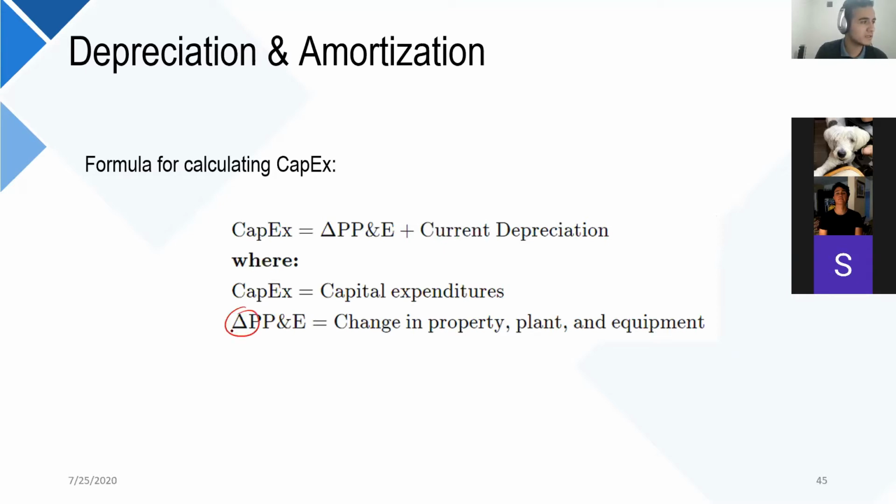The formula for calculating capex is just the property, plant, and equipment change. Remember, delta means change. Property, plant, and equipment is the value of all the assets without the depreciation. And you can see it here because it tells you it's a change between property, plant, and equipment during the years, and then you add up the current depreciation. This is something that happened to you guys in the cash flow analysis, because you only saw the change on assets.